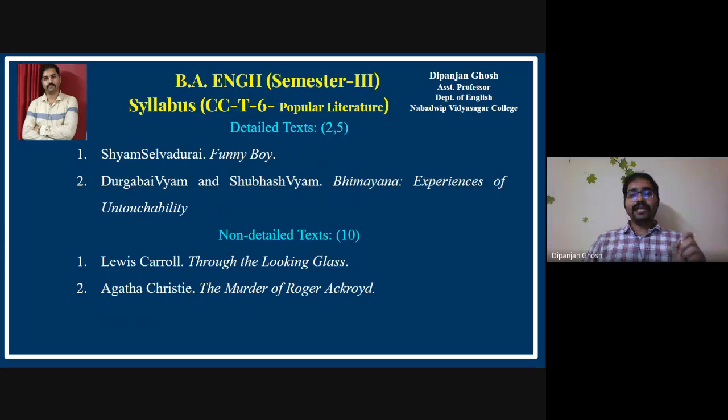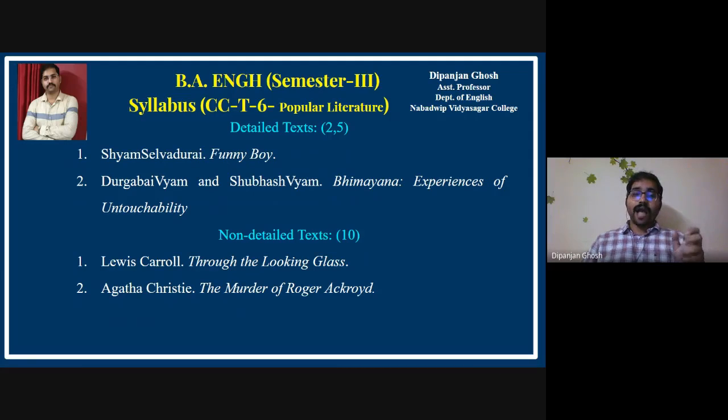One thing I should say here is that for Alice in Wonderland, there is a significant movie, and you can find ample link or symmetry between the two, that means the movie and the text. But you can get that Through the Looking Glass is also present as a Hollywood movie.